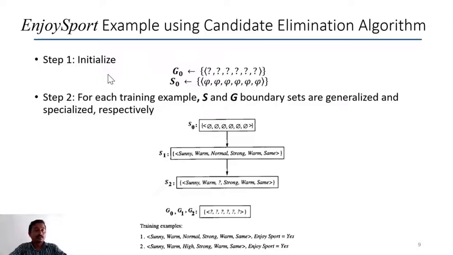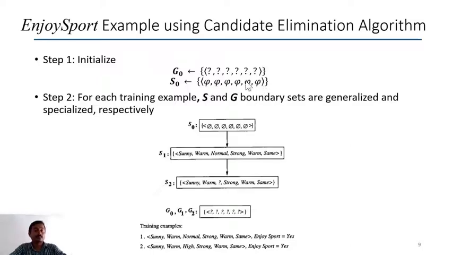Step 1 is to initialize the general boundary set with the most general hypothesis. The most general hypothesis will be question marks, right? Any values are possible. And we initialize the specific boundary with the most specific hypothesis, where phi represents that no value is acceptable.